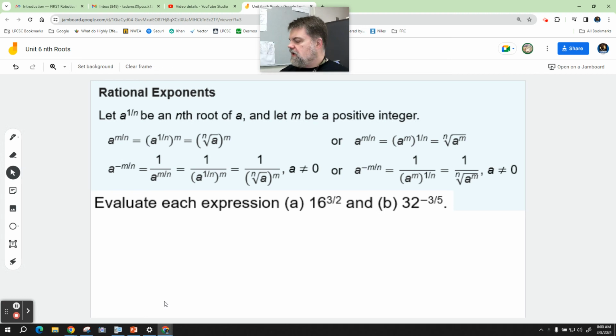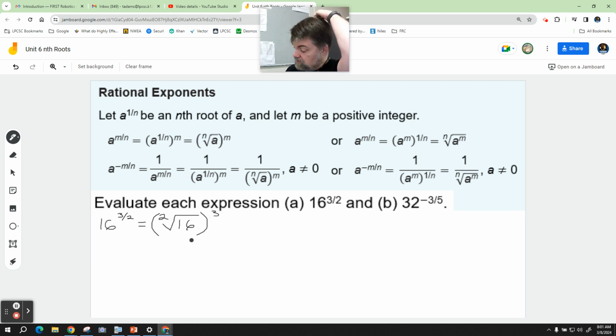All right, so now we're going to try to do this, and we're going to evaluate these. So remember that 16 to the 3 over 2, remember that that is the same as the second root of 16 cubed.